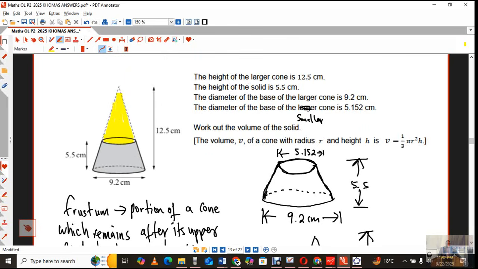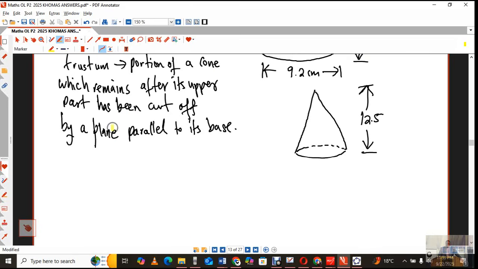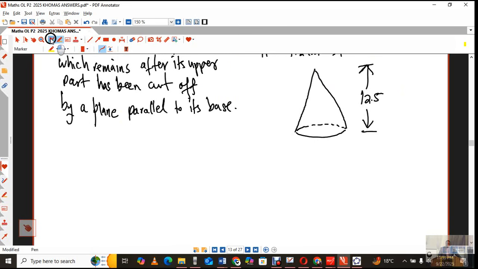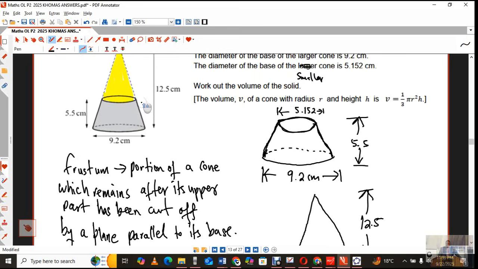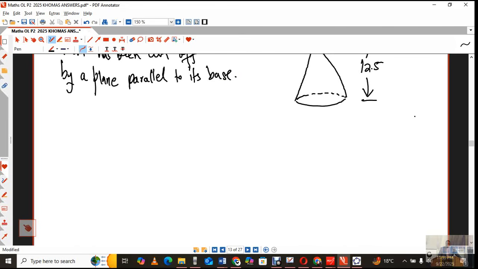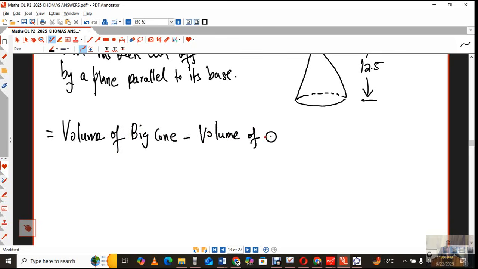So what we're going to do here to find the volume of this solid is find the volume of the whole big cone minus the volume of the small cone, like the one in yellow that I have. I'm going to write it over here. The question asks me to calculate the volume of the solid, and they also give you the formula for the volume of a cone. So in order to find the volume of the solid, I'm going to take the volume of the big cone minus the volume of the small cone.